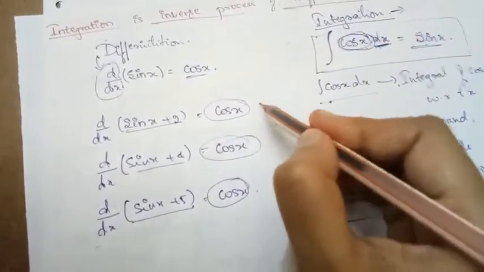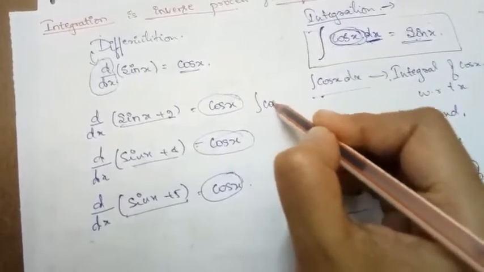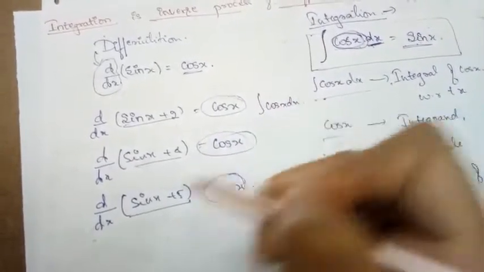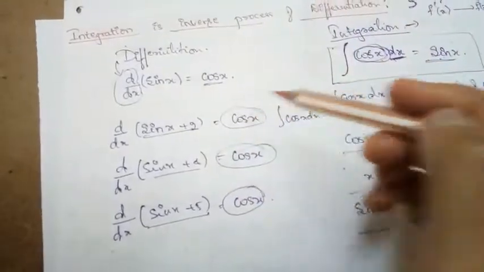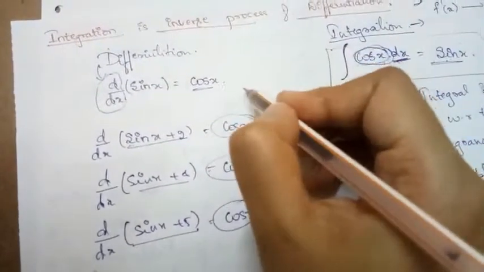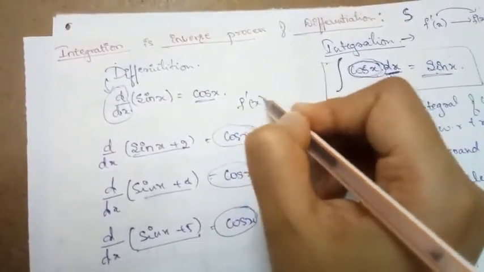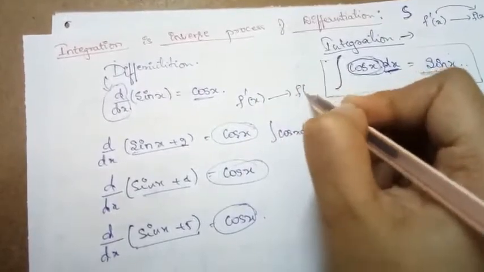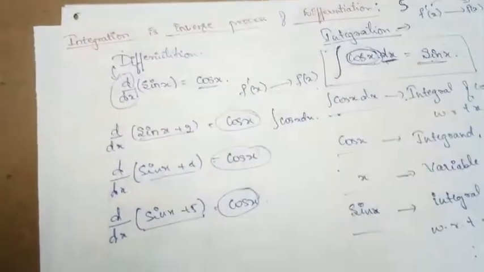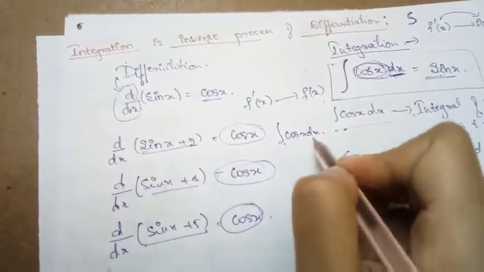But if I say the integration of cos x dx, what might you write? Integration is nothing but this: they have given the derivative and you need to find the actual function. So if I say the integration of cos x dx, which one might you write?